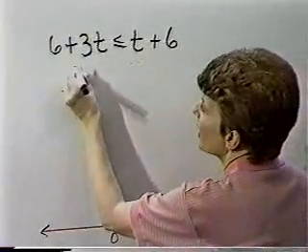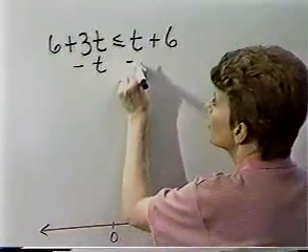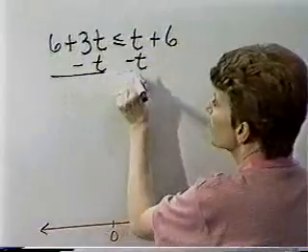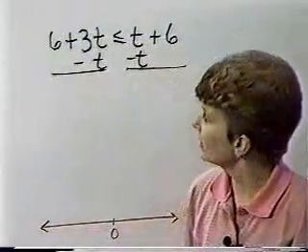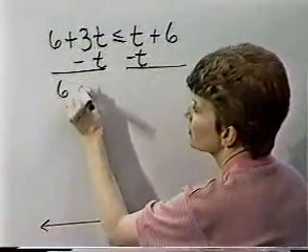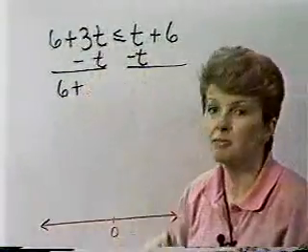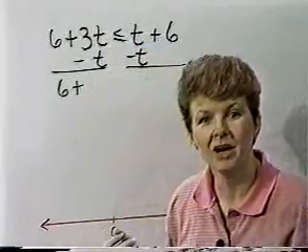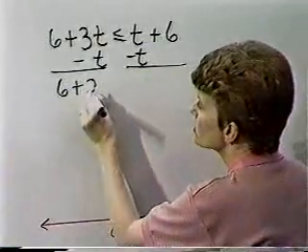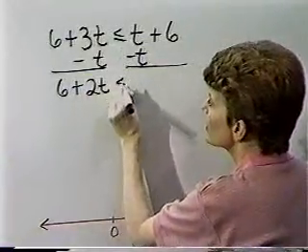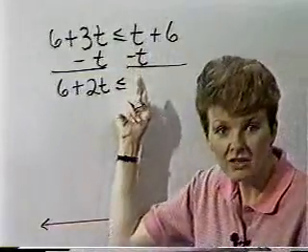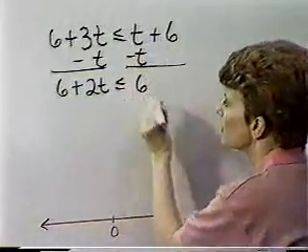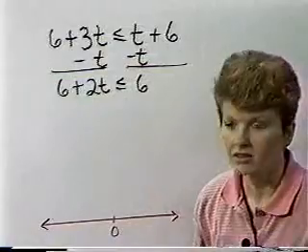First, I'll subtract t from both sides of the inequality, and I'll have 6 plus 3t minus t. Remember, that's minus 1t, so 3t minus 1t is 2t less than or equal to, that's 0 plus 6, or 6.